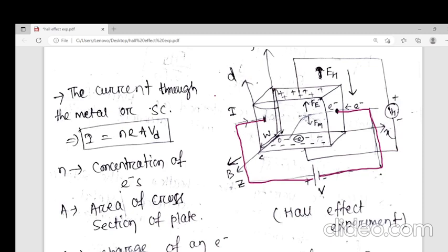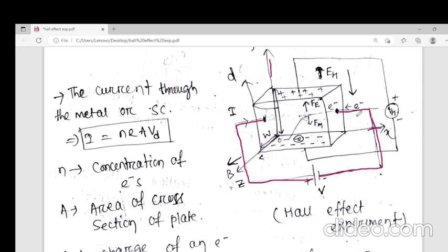As you can see here, I am taking the x axis, this is the y axis, and this is the z axis, and along the z axis I am applying the magnetic field, so that this phenomenon can be carried out. In the direction of the magnetic field, the width is w.